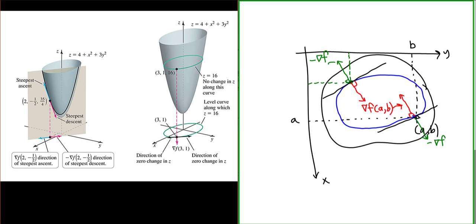You can visualize that with this model of, well, this is a paraboloid that we call in vector calculus. And this paraboloid is described by the function z equals 4 plus x squared plus 3y squared. If we were to evaluate the gradient of our function at the point 2 and minus 1/2, we would get the direction of steepest ascent.